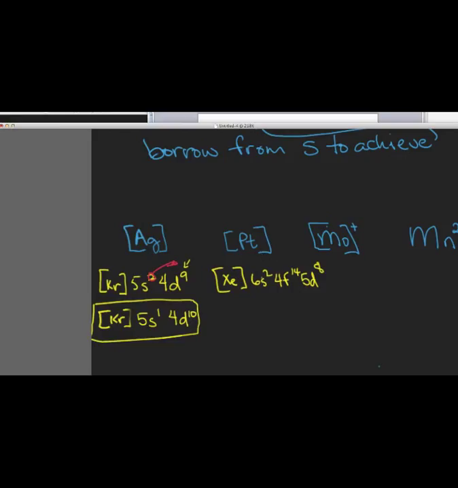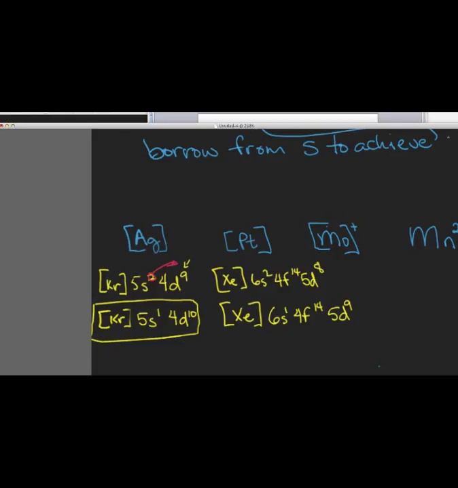And what I've told you is you can borrow electrons to make this completely full. Well, the problem is, what happens is you get, let me go ahead and write the answer. This is the exception to the exception, because it doesn't borrow 2 electrons, it just borrows 1 and makes this a 9, getting it closer to being full, but not completely full.